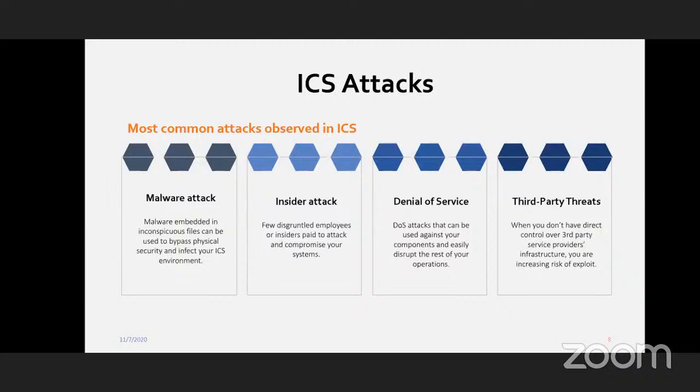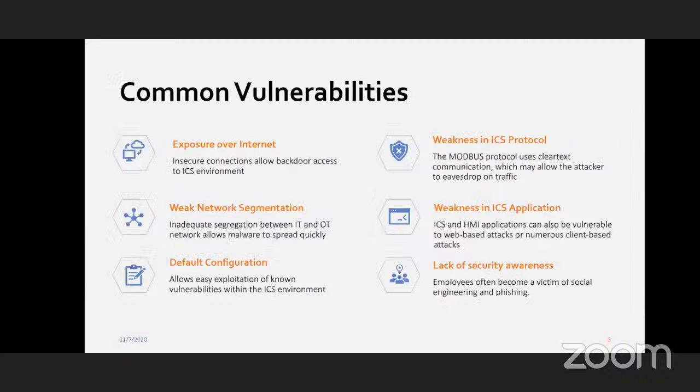So let's see the common vulnerabilities observed in ICS. A lot of data is exposed on the internet. Data which can be gathered during reconnaissance can reveal sensitive information about ICS systems, such as ports, IP address, hostname, technology, and geolocation.